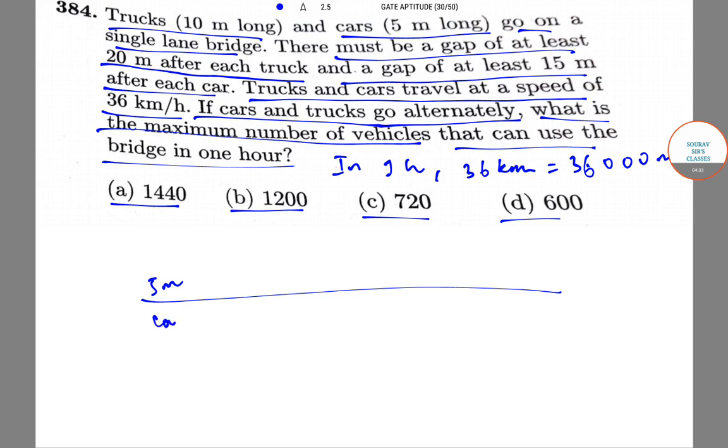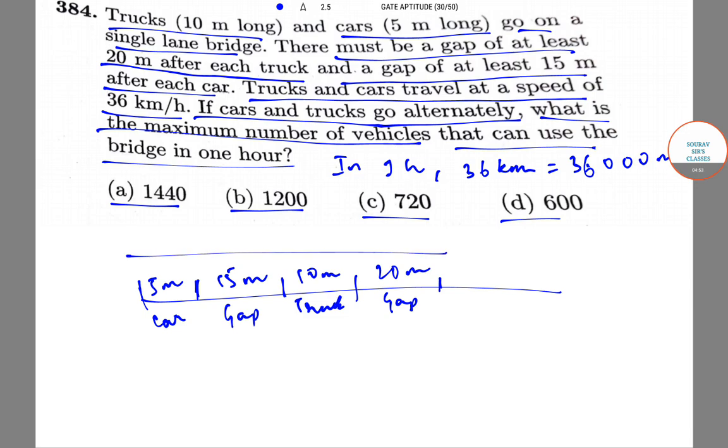So we have a car which takes 5 meters, then a gap of 15 meters, then we have a truck which occupies 10 meters and a gap of 20 meters. So this total distance is 50 meters.